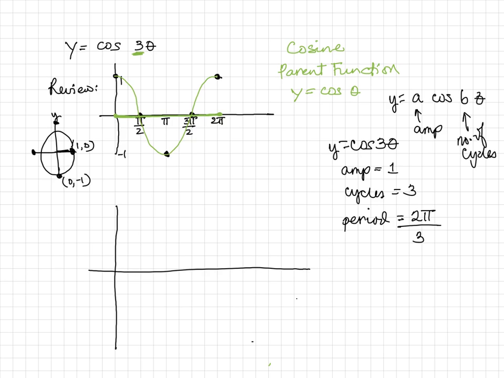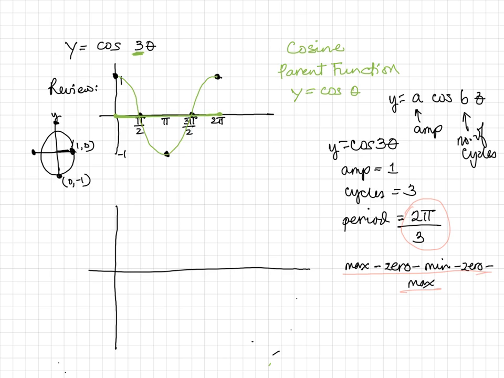That means from 0 to 2 pi over 3, we'll complete the pattern: maximum, 0, minimum, 0, and then maximum. All of them need to be completed when it reaches 2 pi over 3.